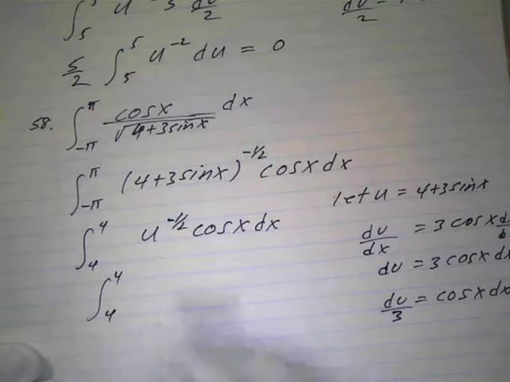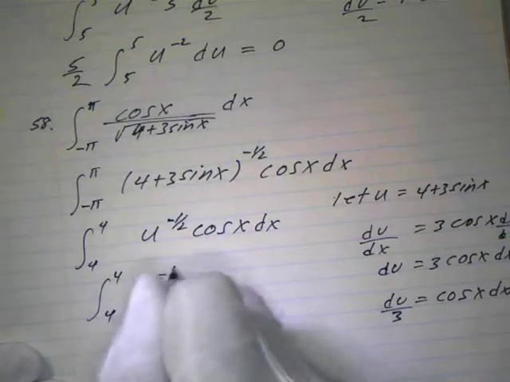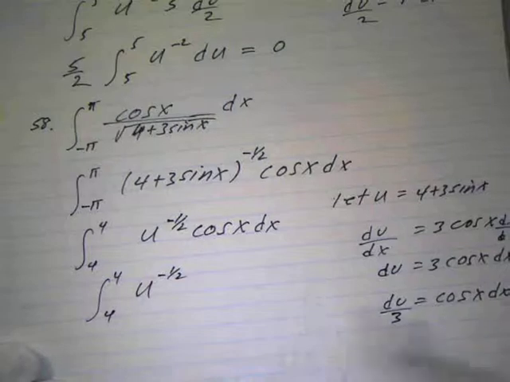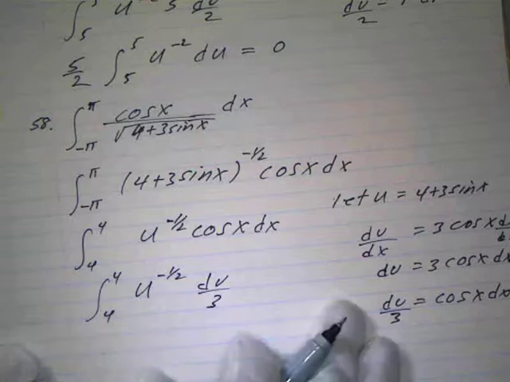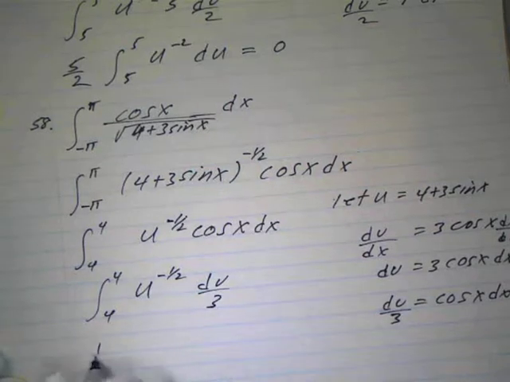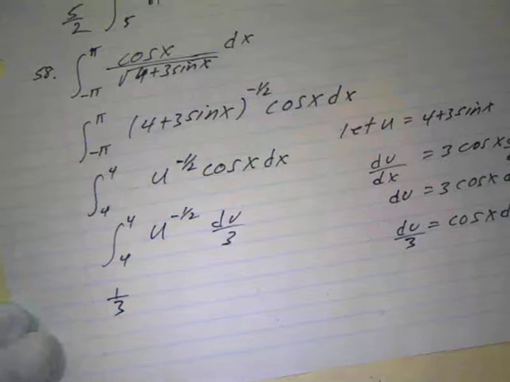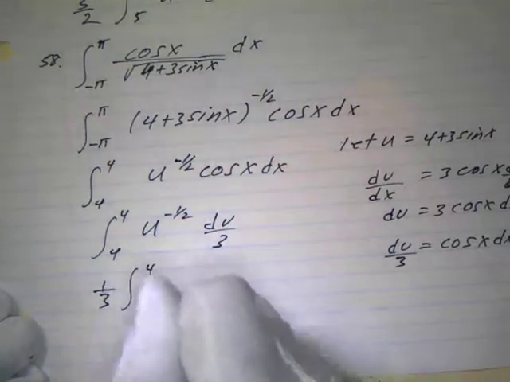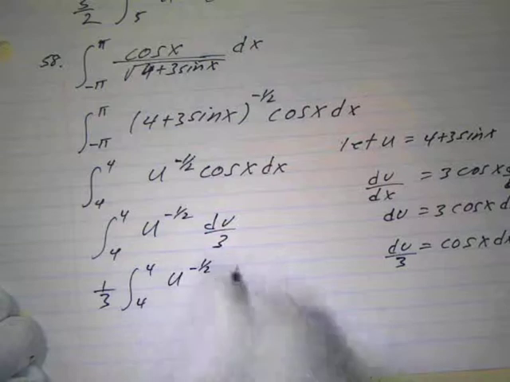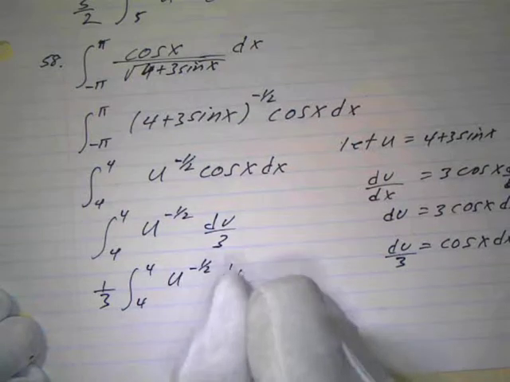I make that substitution. So I've got the integral from 4 to 4 of u to the negative 1/2, and instead of writing cosine x dx, we write du over 3. And we bring that out as 1/3. So 1/3 the integral from 4 to 4 of u to the negative 1/2 du.